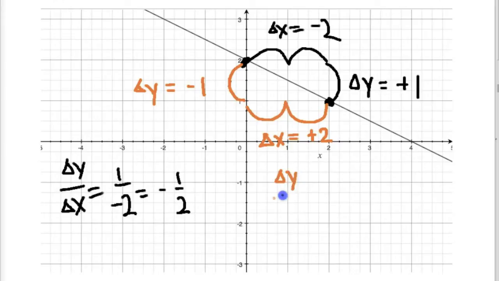So the change in y over the change in x is negative 1 over positive 2, which is once again negative 1/2. So it doesn't matter which point you start with. You just have to find the change in y over the change in x to get the slope. And it would be the same slope if you started from this point or this point. Doesn't matter. You just have to find 2 points on the graph.